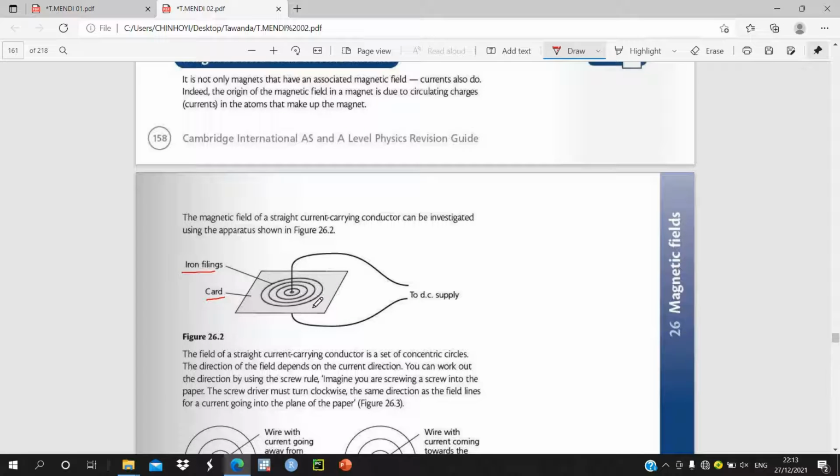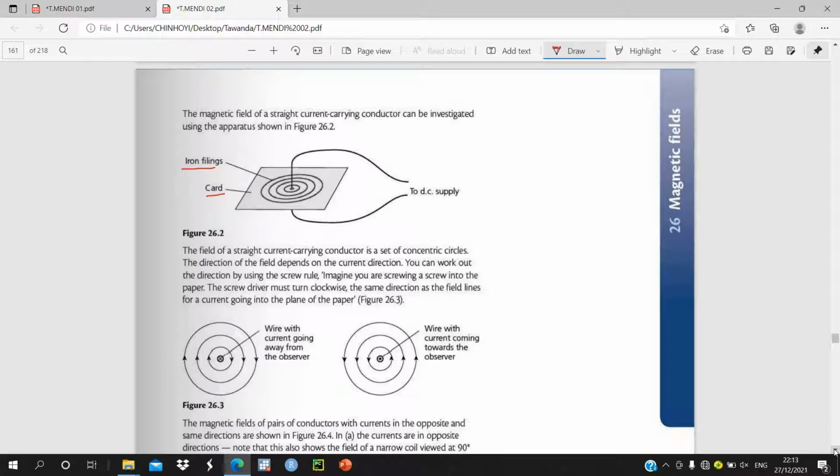So this apparatus is used to show that there is a magnetic field formed along a wire which carries current. For the pattern of this magnetic field along the current carrying conductor, we have to investigate the direction of the magnetic field lines.